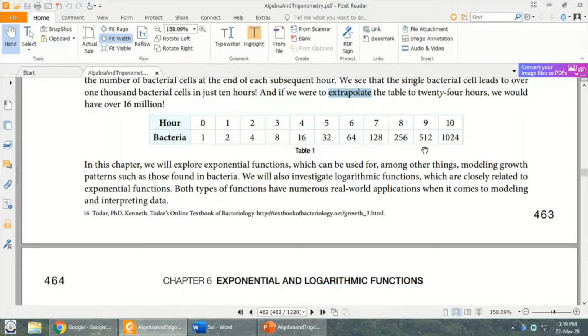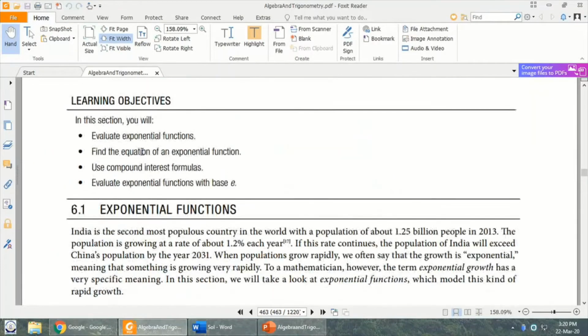So within 24 hours, when we extrapolate, we are further extending our analysis, because this is the value of one bacterium. We can have subsequently different bacteria. Within 10 hours we have over 1,000 bacteria from one bacterium. For 2, 3 and successive bacteria we can have as many, and then we can extrapolate and estimate that we will be getting 16 million.